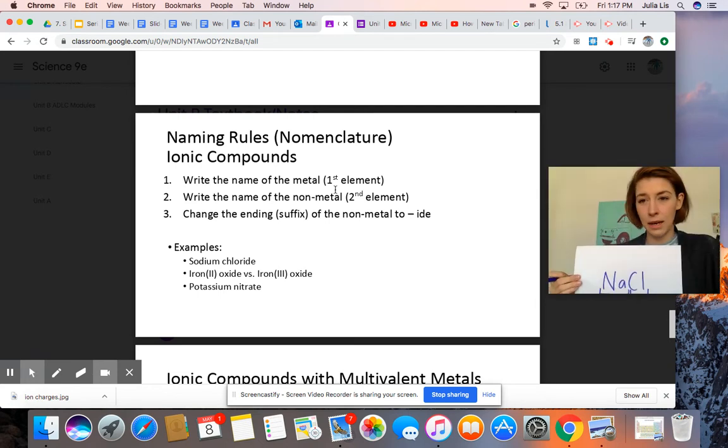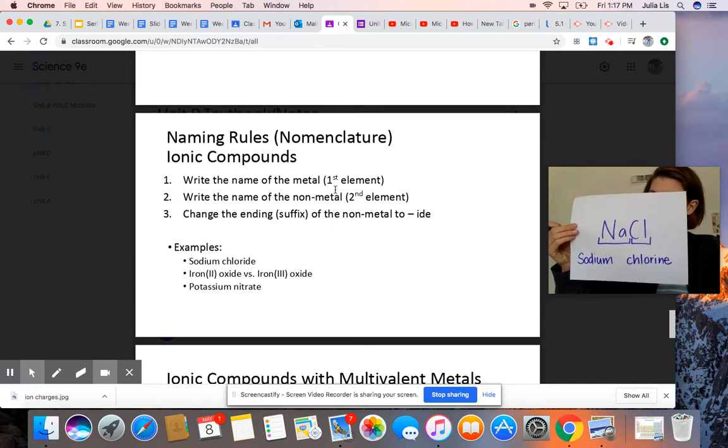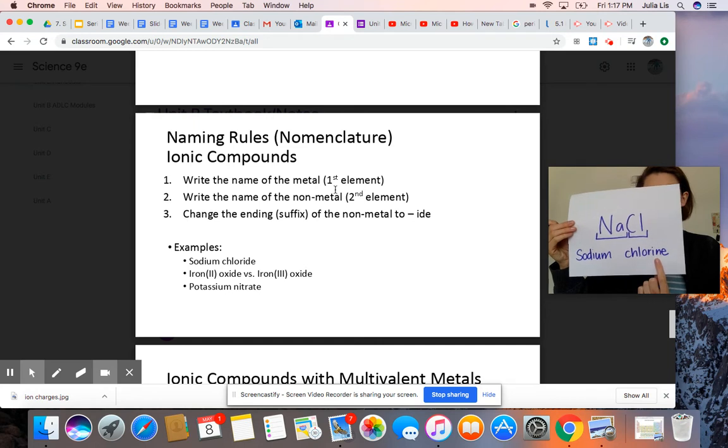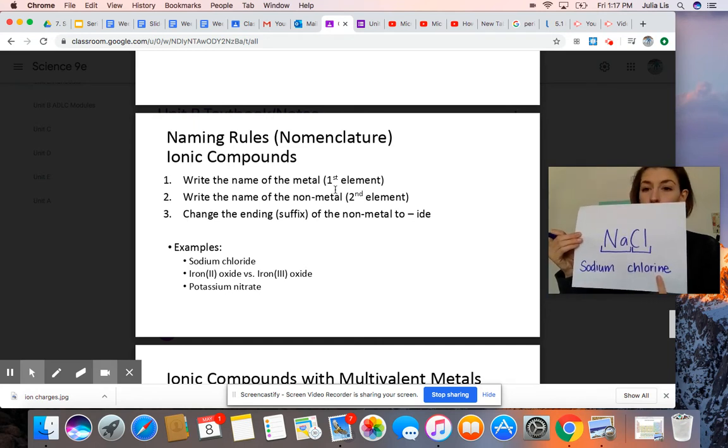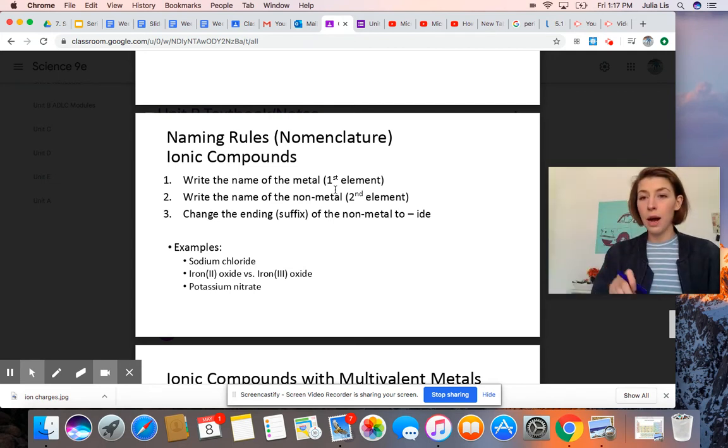But that doesn't sound right. So the next rule for naming ionic compounds is that you actually change the ending of your nonmetal. You are going to change the ending INE to IDE. Ide. Okay?